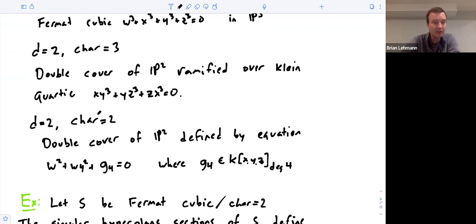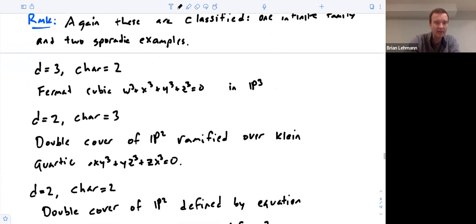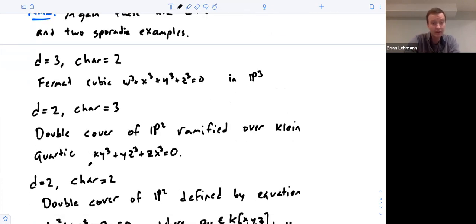When the characteristic is 2, then we can take the double covers of P2 defined by an equation of this type. So here the key point is that we have this double line, this square, as the coefficient of W.